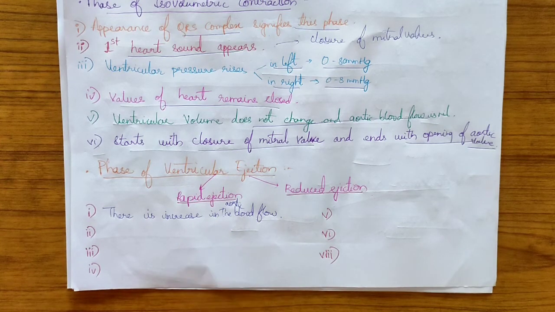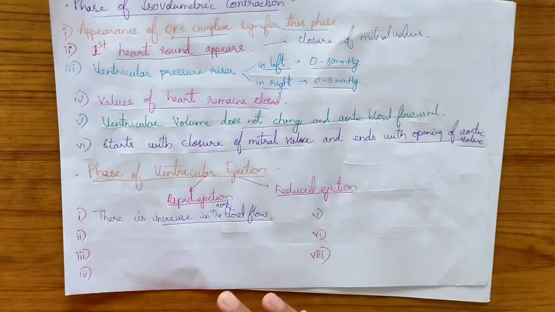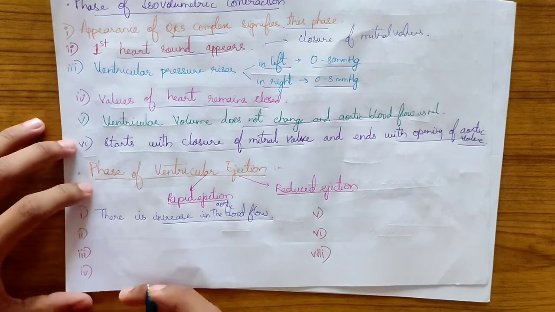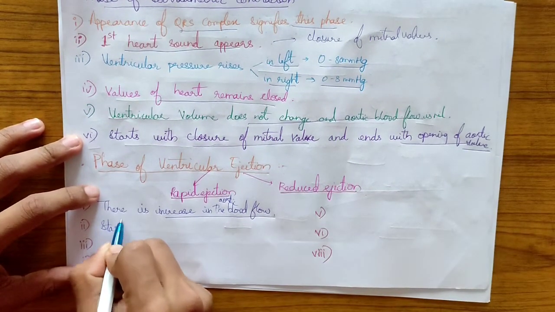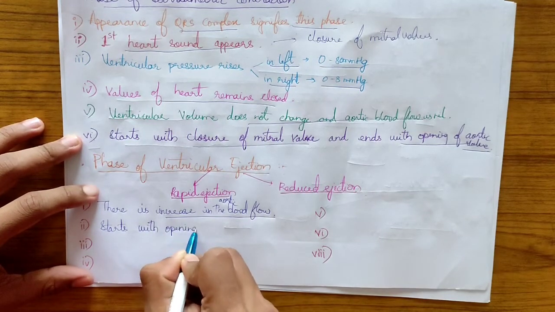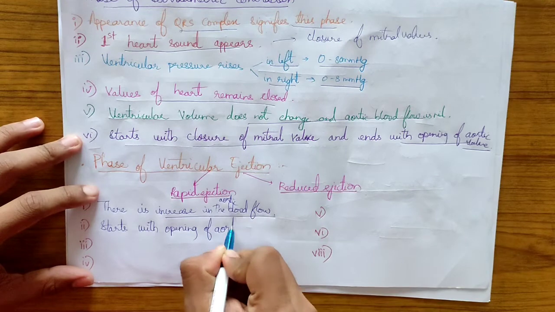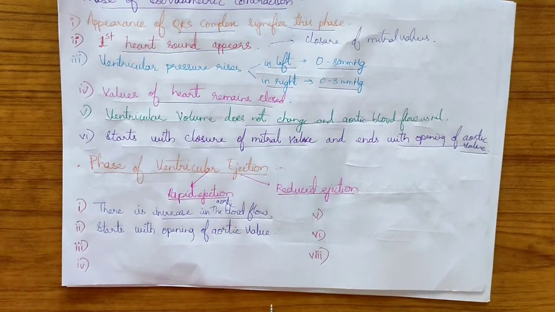Due to this increased potential energy, when there is sudden opening of the aortic valve, there will be rapid ejection, and therefore the aortic blood flow will increase drastically. So there will be a steep increase in the aortic blood flow. This phase starts with the opening of the aortic valve. So this is the basic point. If you forget, you can just remember what happens, understand it and write it in the exam.